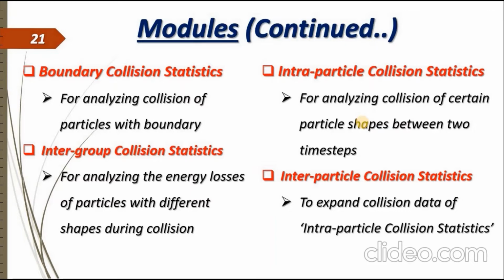Intergroup collision statistics is used for analyzing the energy losses of particles with different shapes during collision, while the interparticle collision statistics is used to expand the collision data of intraparticle collision statistics. Now, let's move to the next slide.